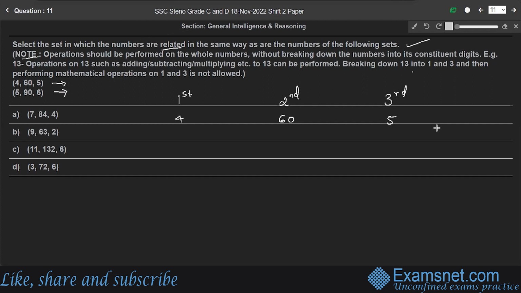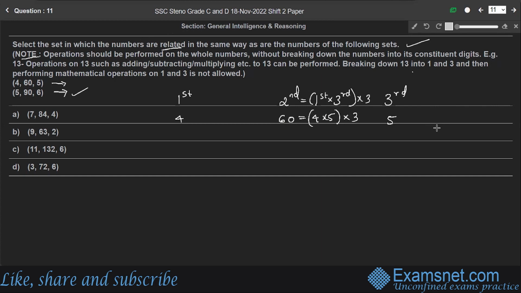So we can write 60 as product of first and third number, 4 and 5, which is 20 into 3. 4 into 5 is 20, into 3 gives you the second number. Therefore, second number is equal to first number into third number into 3.